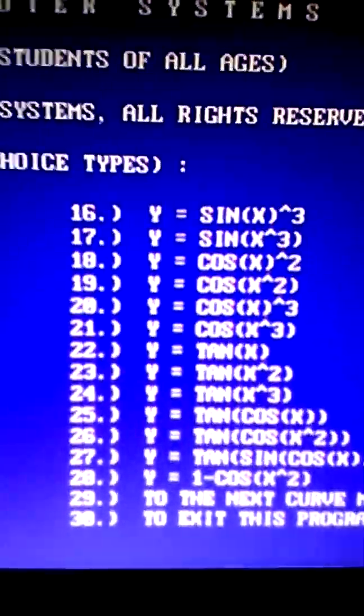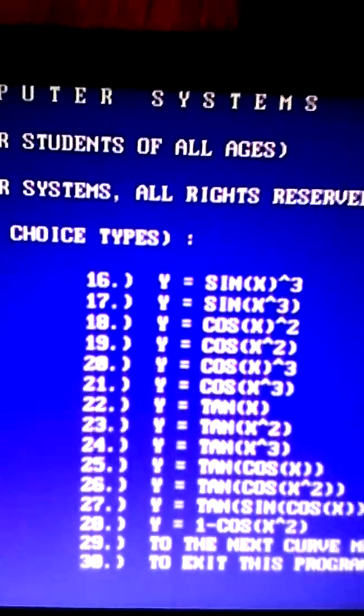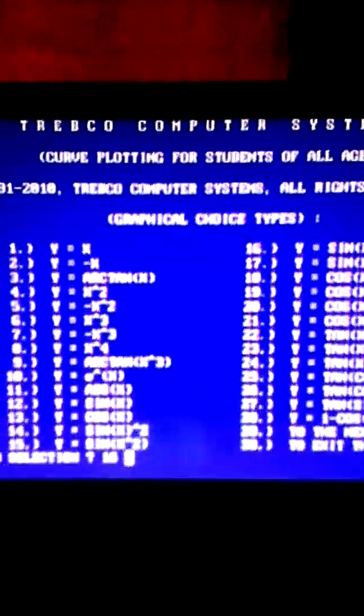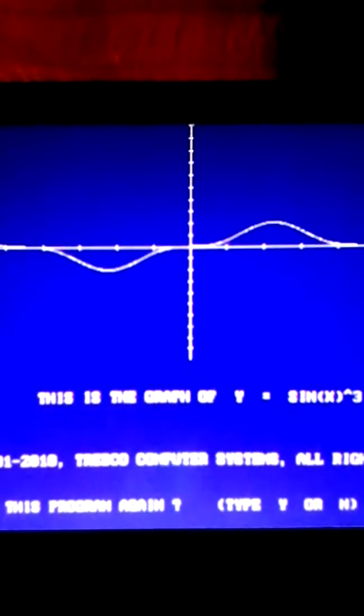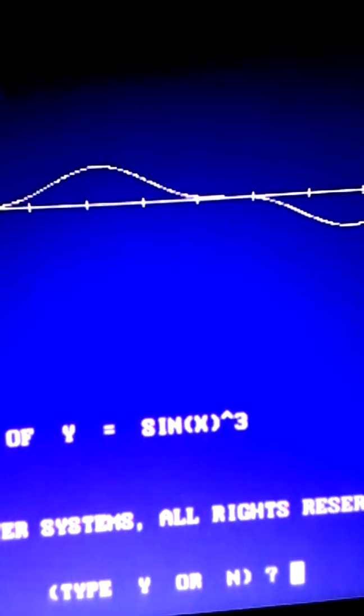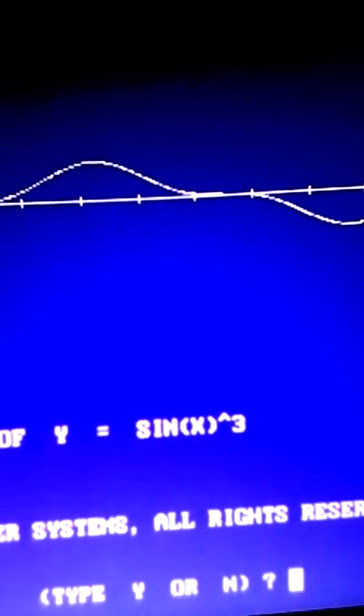What does that look like? Okay. That's y is equal to the sine of x cubed.